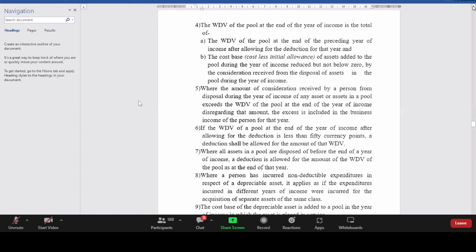But the initial allowance, don't forget, it is on eligible property, which you have brought into use for the first time to produce income, including the gross income. However, the taxable person should have put it for the first time in a 50-kilometer radius of Kampala, and it must be eligible property. We saw what that is. So that's why you need to read as you keep on referencing these things. Don't read once and keep on referencing. What does this one say? You go back, look for it, then you easily understand.